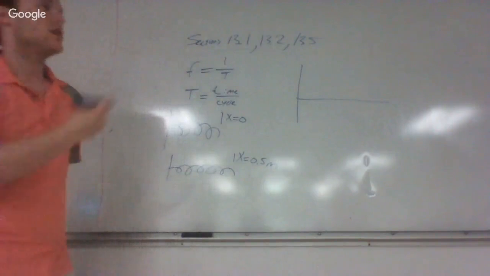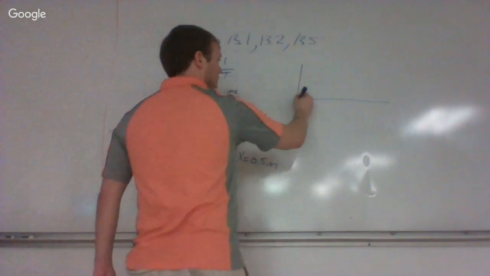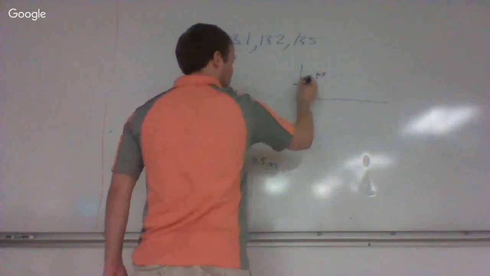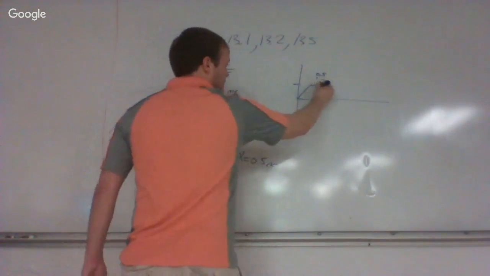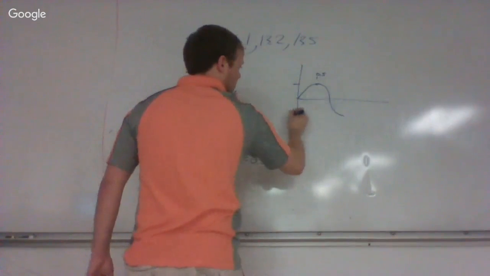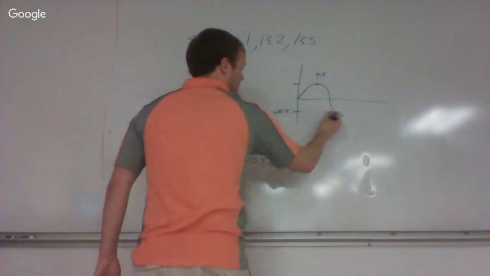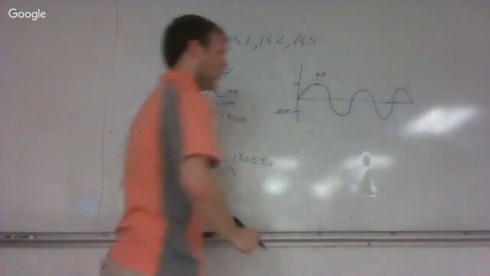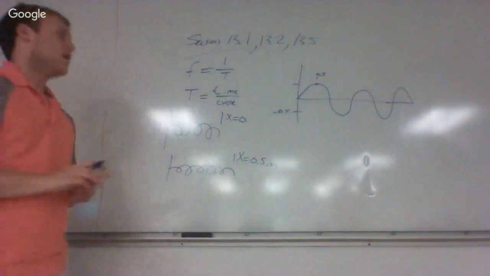So we start at 0.5. We release it. It comes down. Now it's at negative 0.5. Right? Cool. So that's what you get.